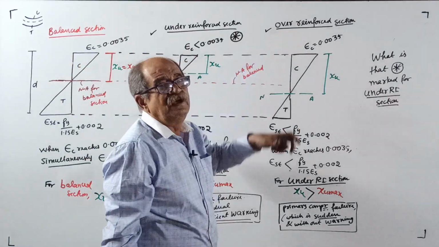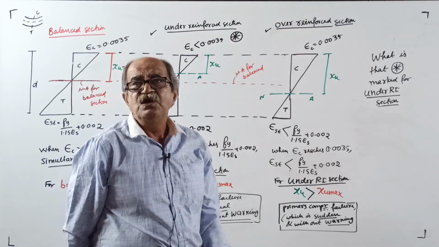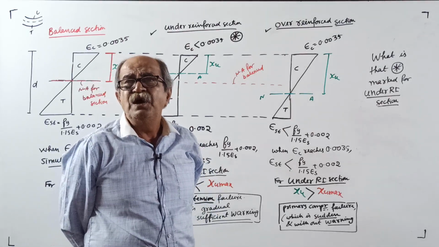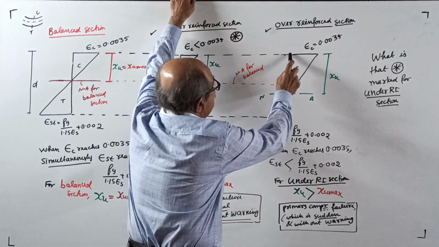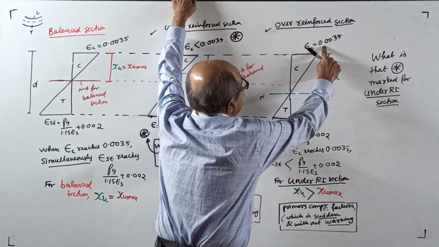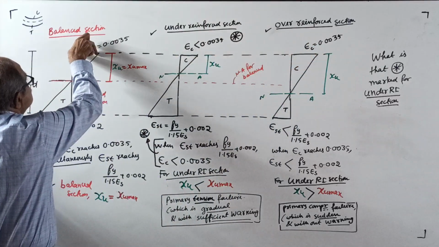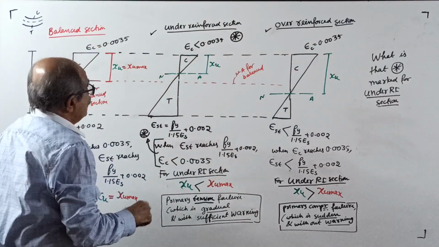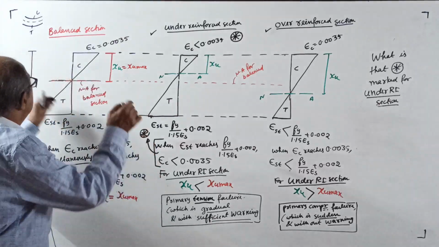Over reinforced section. You are providing more steel than the balanced section on the tension side. So strain in concrete will rapidly increase. Finally a stage will come when strain in concrete will reach the maximum limit of 0.0035. See here, this is equal to this much. Just to understand.